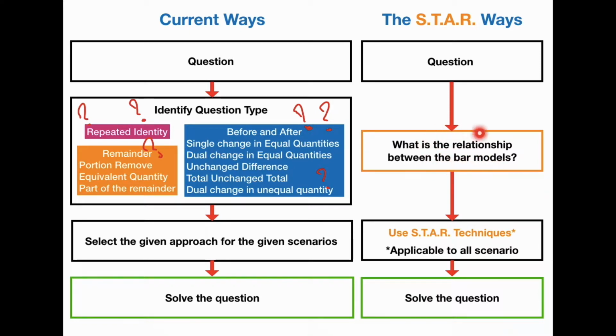Later on, I will show you how to answer this question using the STAR strategy and technique. From there, a complex model can be simplified into just a basic part-whole model, and even a primary 3 student can solve it. From there, we can find the answer.